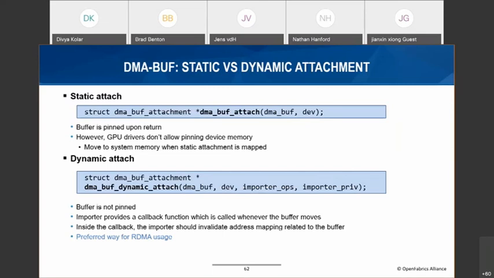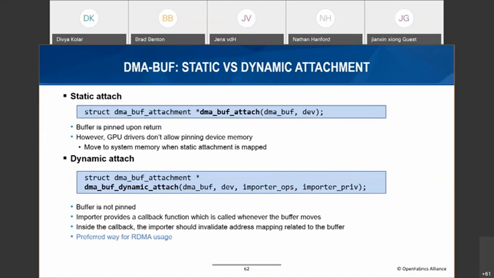So at some point last year, the dynamic attachment was enhanced with some new functionality. By providing additional operations from the importer, with that support, the dynamic attachment allows the buffer to be not pinned.